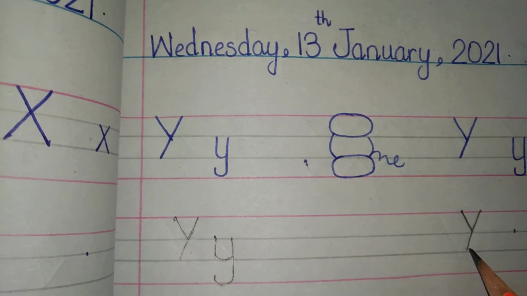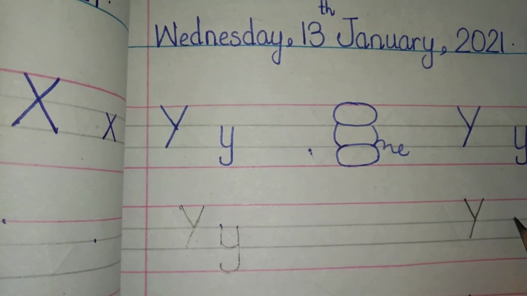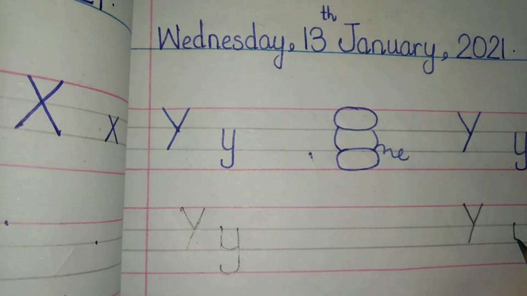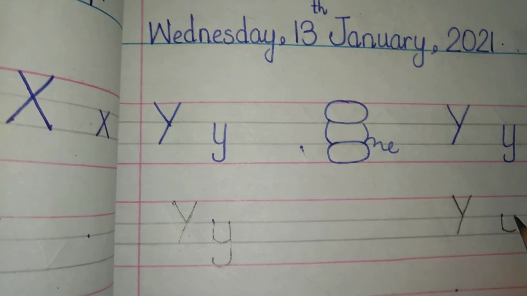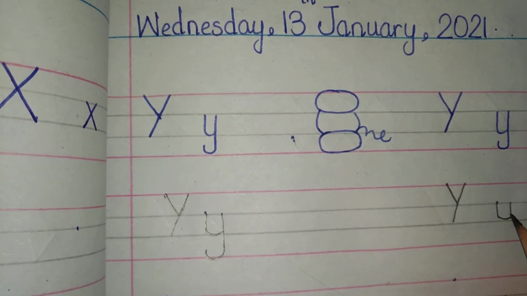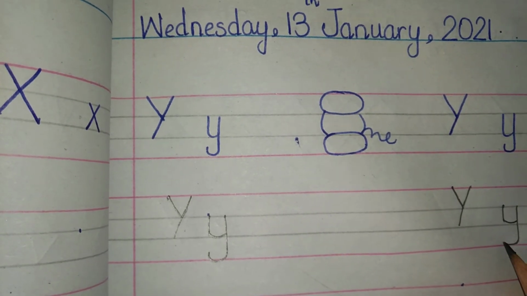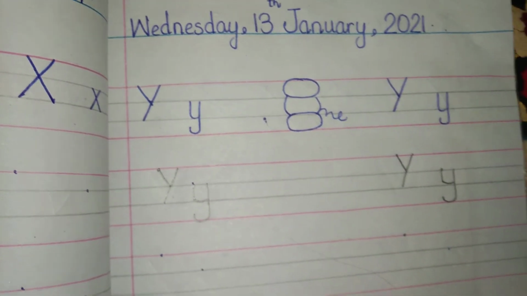This is capital Y. And now we will write small y. Start from the middle, make a straight line and then a slight curve upwards. Go back to the middle, make a straight line downwards and then a slight curve like this. Capital Y and small y.